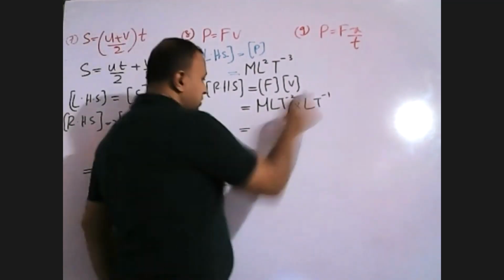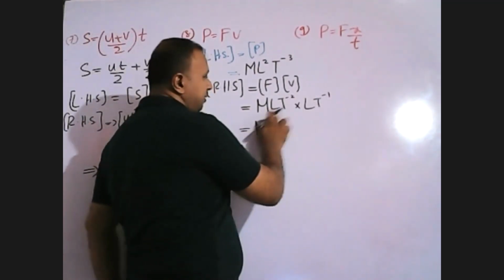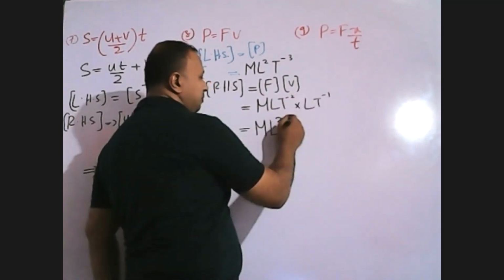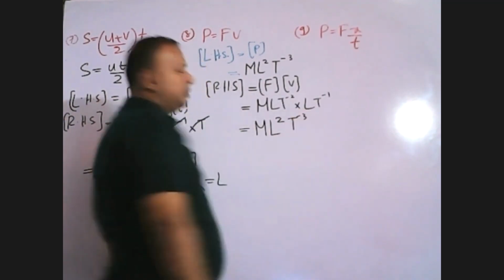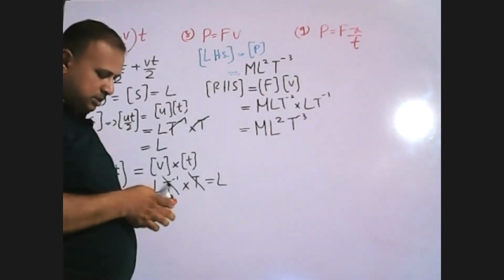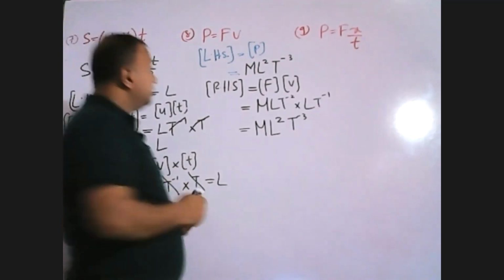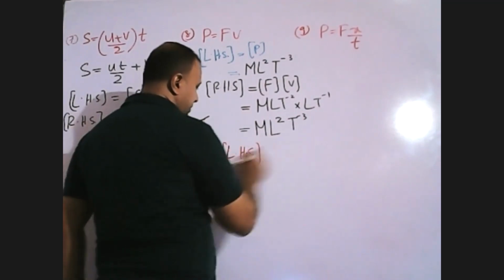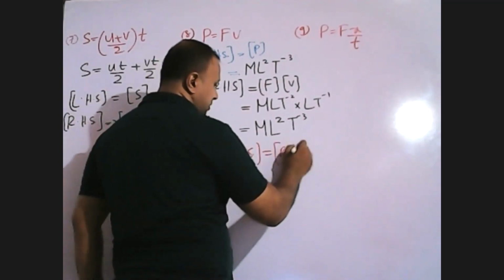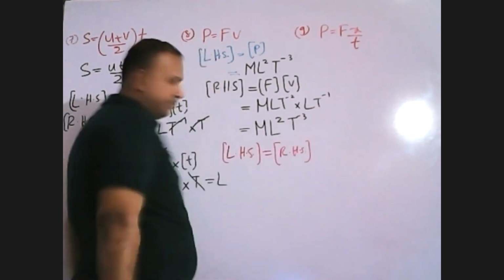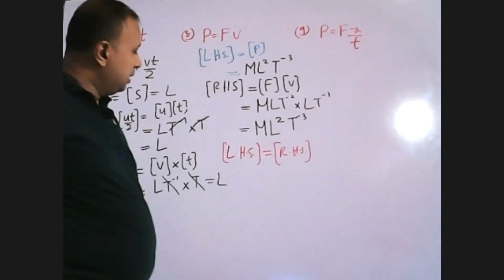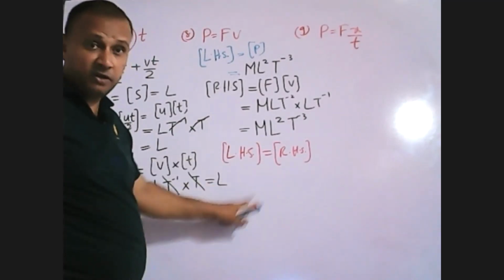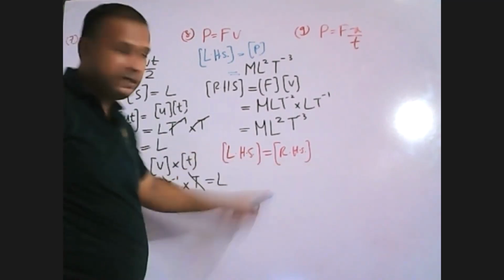There is only one M here, but there are two L's here, and minus 2 minus 1 means minus 3. From that we can say the dimension of LHS equals the dimension of RHS. Both have the same dimension. Then we can say this equation is dimensionally correct.